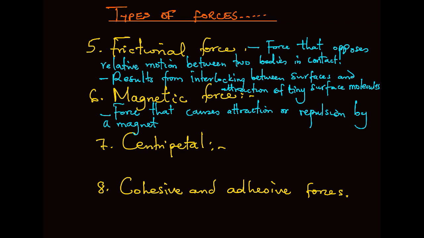The like poles can either be south-south, unlike poles can be north-south. Another pair of like poles can be north-north. Materials that get attracted by magnets are magnetic, while those that do not get attracted are said to be non-magnetic materials.